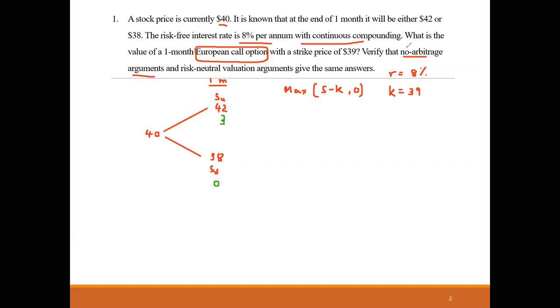But now we are following the no arbitrage argument. We said under the no arbitrage argument, what we do is we create a riskless portfolio. Assume that you take a long position in a certain number of shares and a short position in one call option.